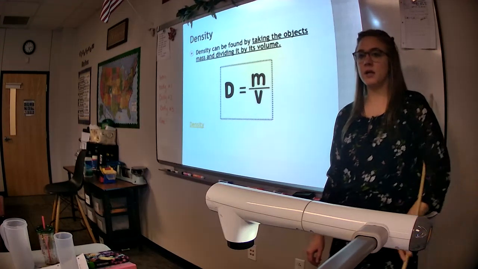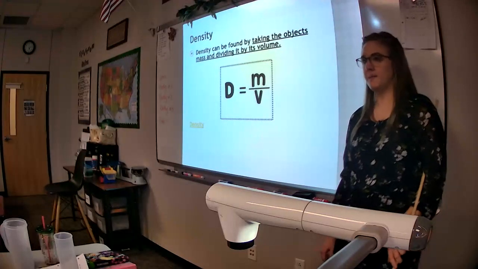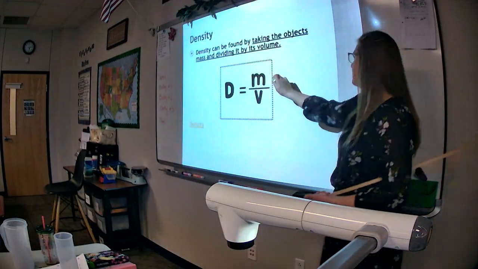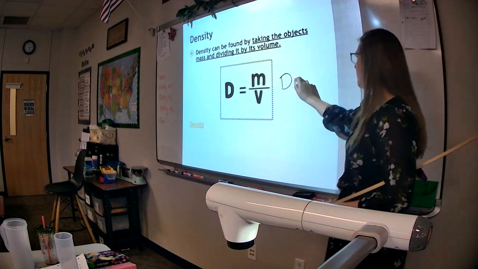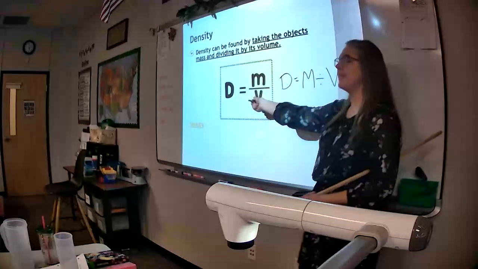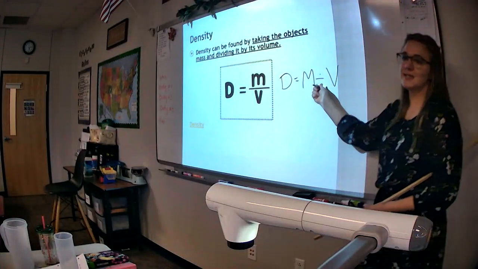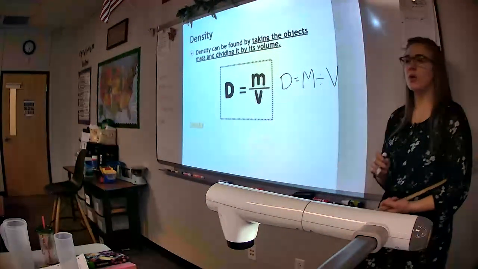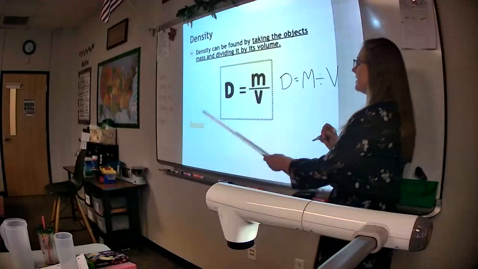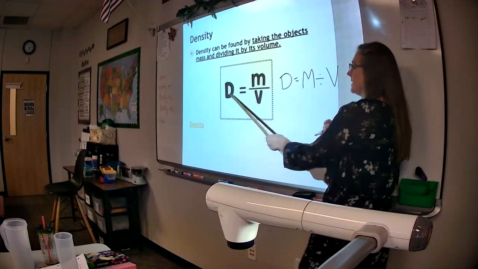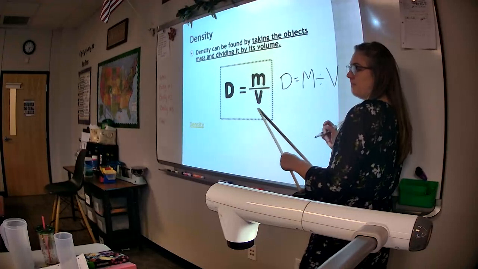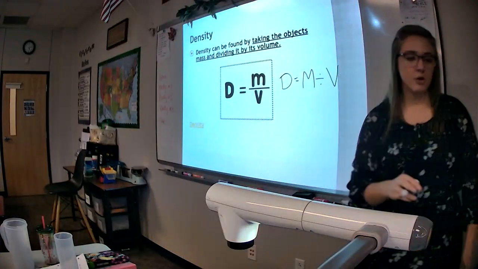D equals M over V. Now, that's the exact same thing as D equals M divided by V. So, I want you to write this in the box, but I want you to write this next to it. D equals M divided by V. In the equation, the D stands for density. Density equals mass divided by volume. Okay? All right, I'm going to play the video for you, and then we're going to practice this a little bit.